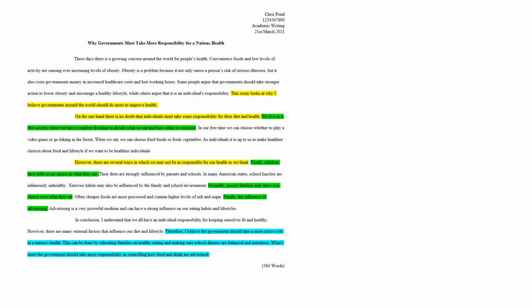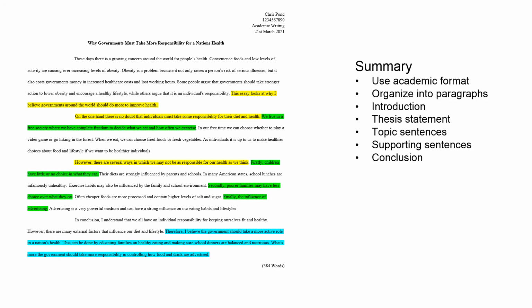I've just highlighted it here to show you where it is. Our body paragraphs start with topic sentences, followed by support sentences, followed by details and examples. Our conclusion summarizes our key points and then states our conclusion clearly. So here are our key points from today.